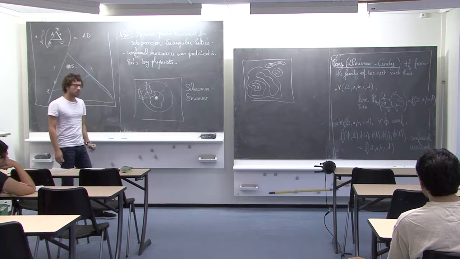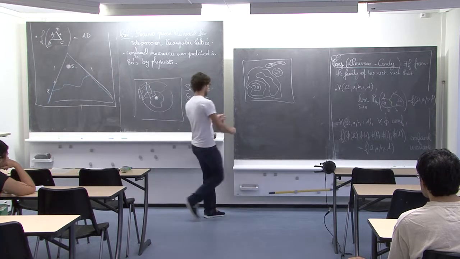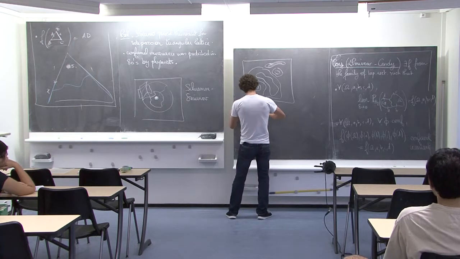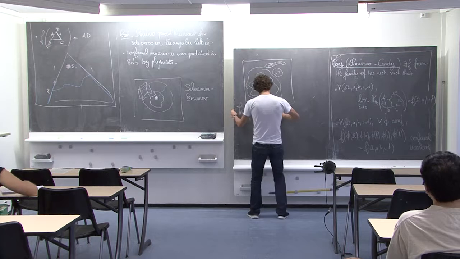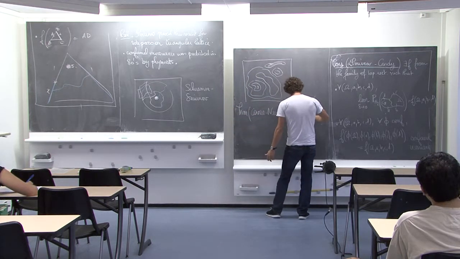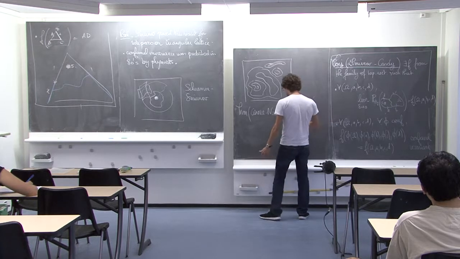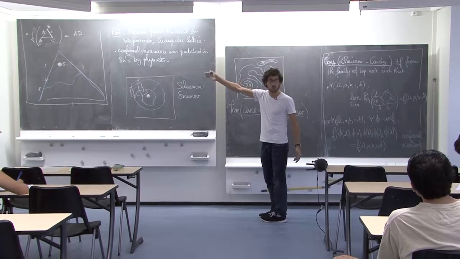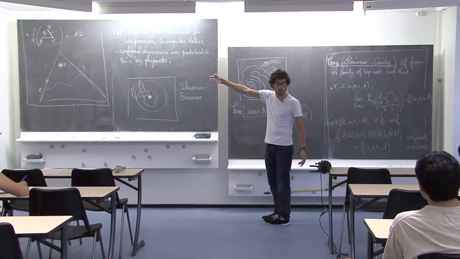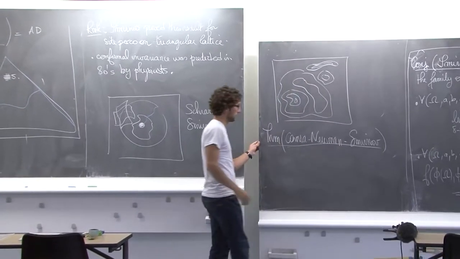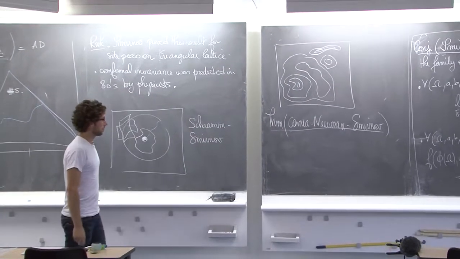This other event is a little bit tough to describe right away, but you have a theorem due to Camia, Newman, and Smirnov. Even though he didn't prove it, the common belief is that this is really the main step, proving this conformal invariance. So some people actually refer also to Smirnov as the person that proved that.